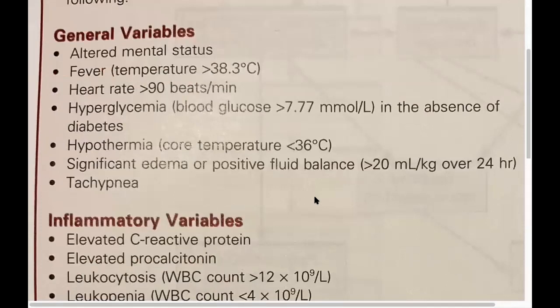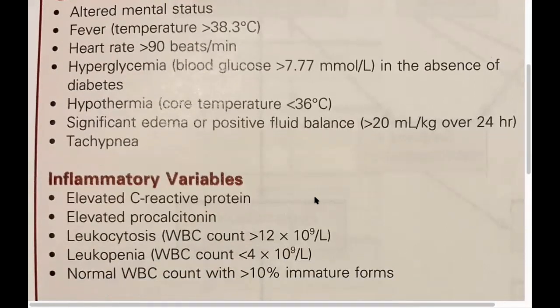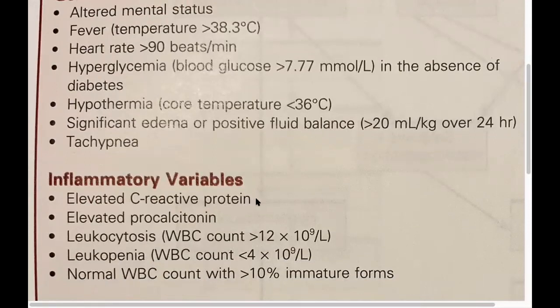So the inflammatory variables, a lot of this comes down to blood work: elevated C-reactive protein, CRP. I want to add here that that's the most common test they'll do, but if the doc wants to test it, you might also find increased TNF, tumor necrosis factor, and also ESR, erythrocyte sedimentation rate.